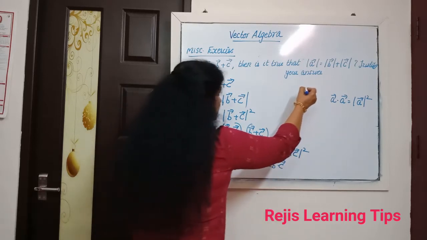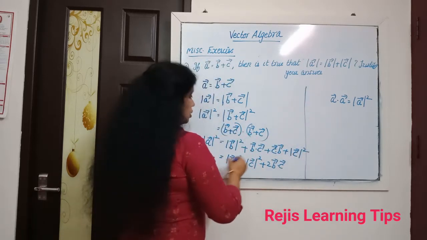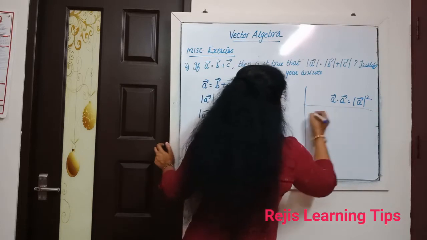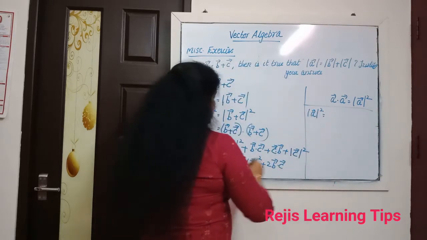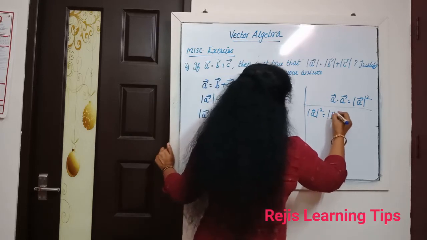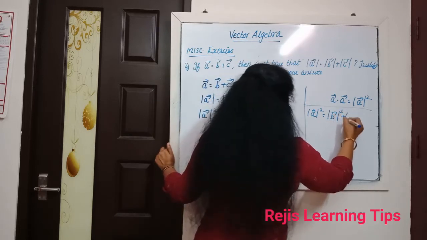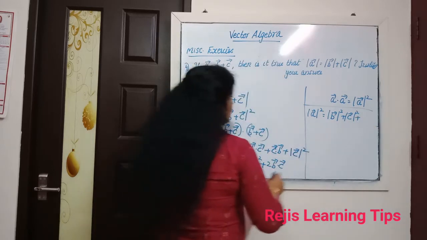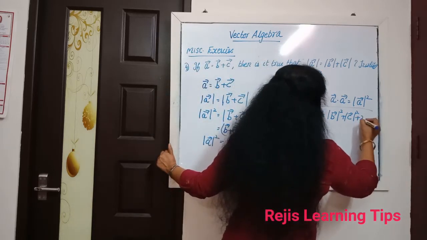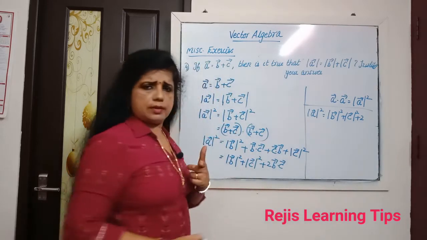Then you know that magnitude of vector A square is equal to magnitude of vector B square plus magnitude of vector C square plus 2 into B dot C. What is B dot C?